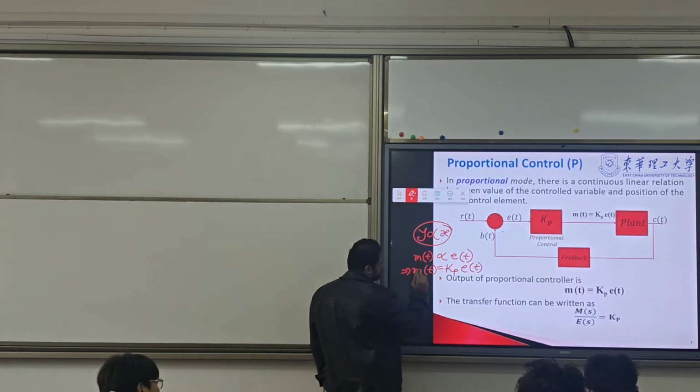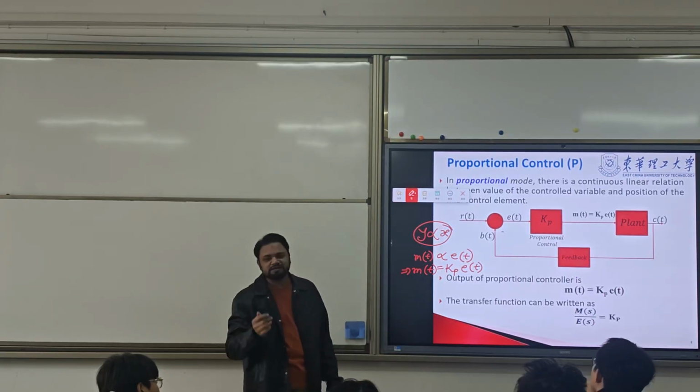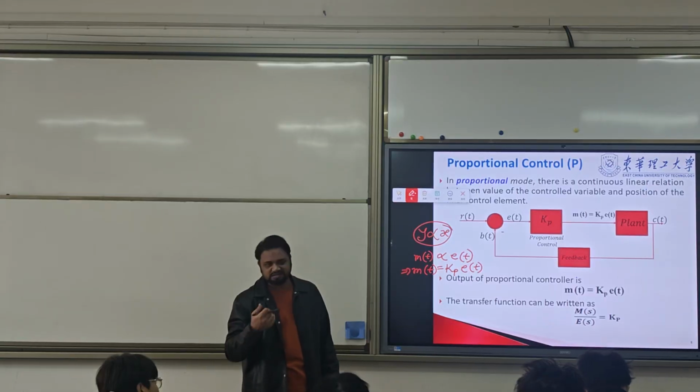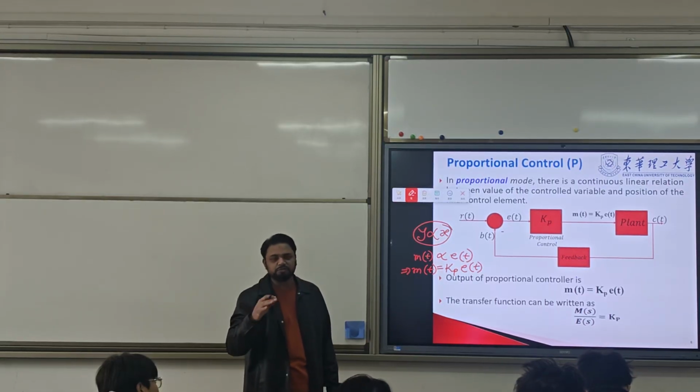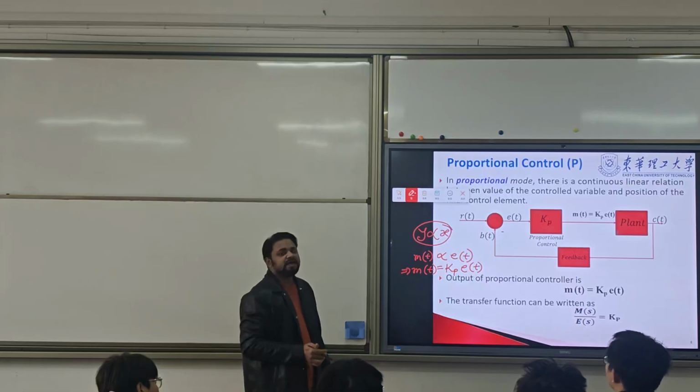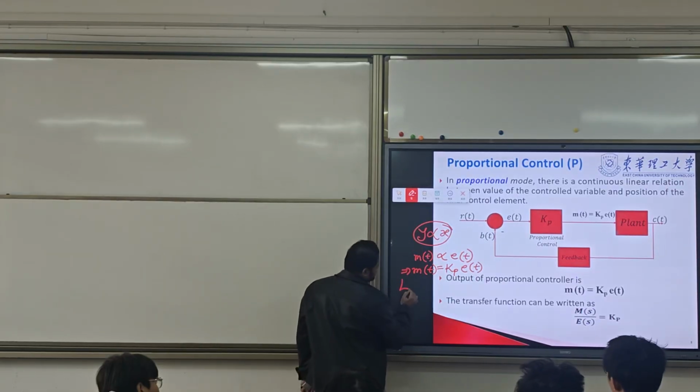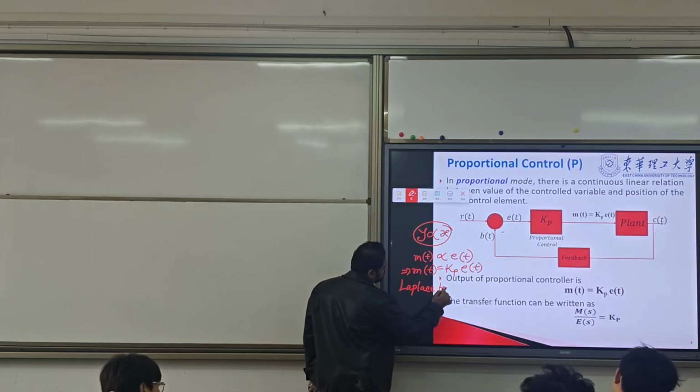So here, it is in time domain. If we want to analyze, we cannot keep it in time domain, we need to convert it into S domain by using the Laplace transform.